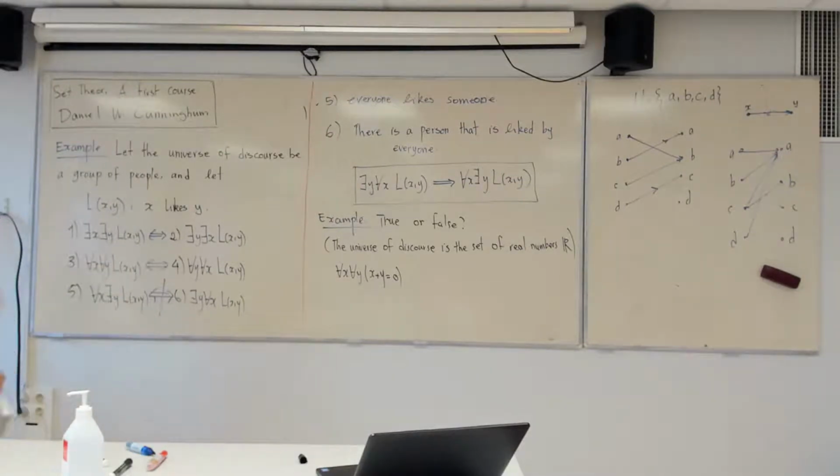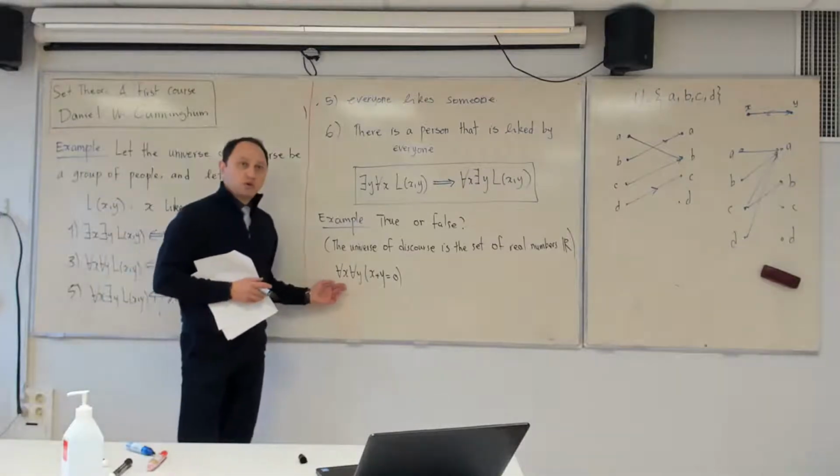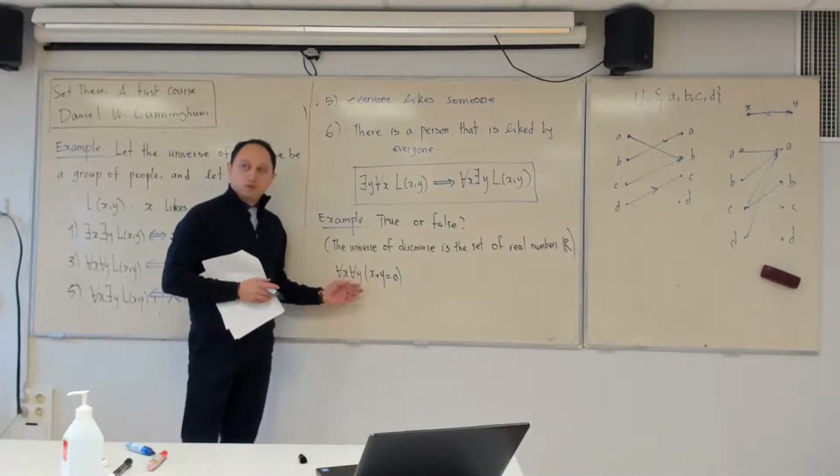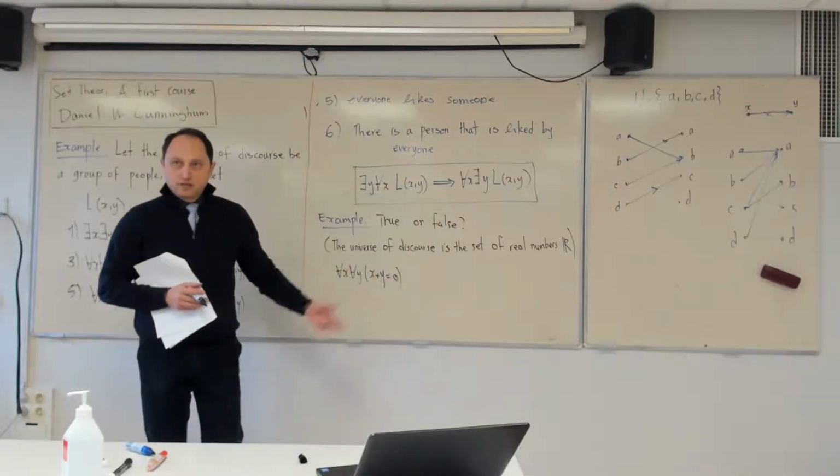True or false? False. It's clear, because it tells you that it doesn't matter which number x you choose or which number y you choose, x plus y is equal to 0. So that's a false statement.